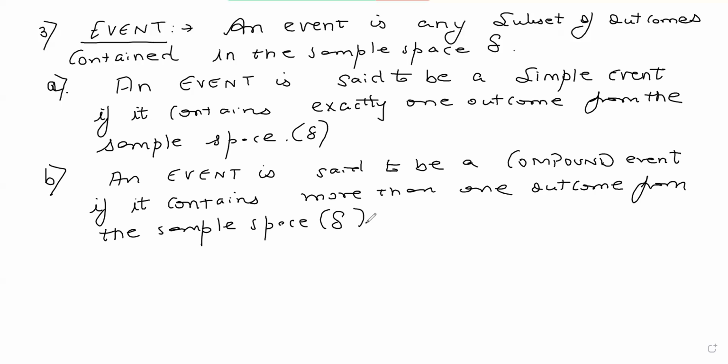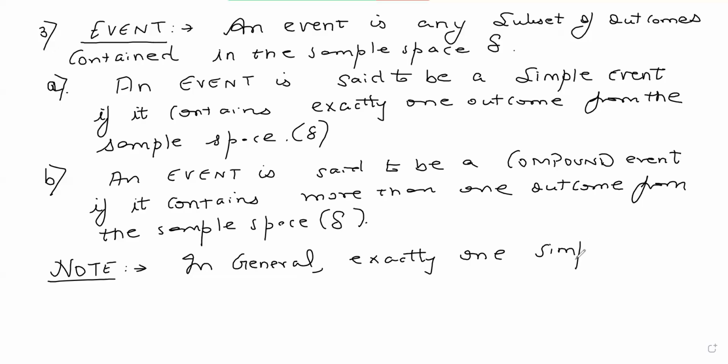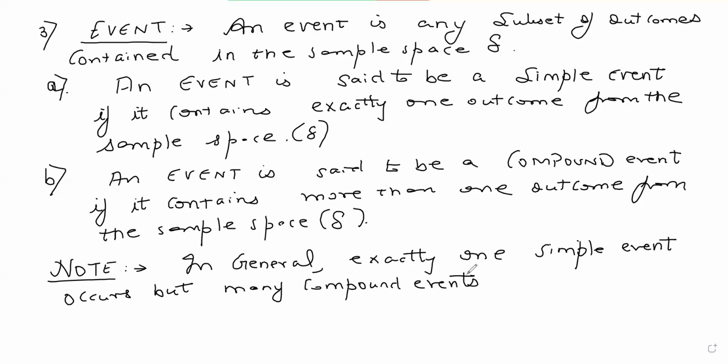Okay, let's understand this through an example. Before going into the example, let's look at a note. In general, exactly one simple event occurs, but many compound events occur simultaneously.